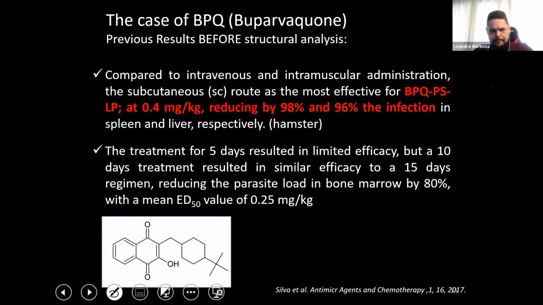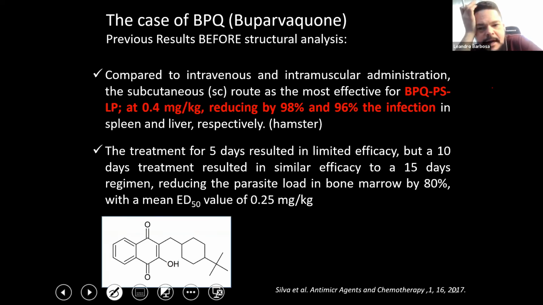So this is the case of bupropion. This line of research in our lab is performed in collaboration with Professor André Temponi from the Instituto Adolfo Lutz. It's a very well-known institute here in São Paulo and also in Brazil that works with parasitic diseases like leishmaniasis, malaria, and, unfortunately, Chagas disease, these kinds of diseases from underdeveloped countries like Brazil.